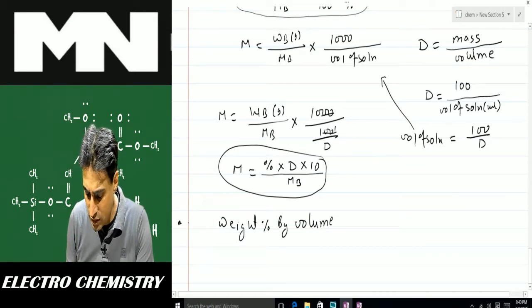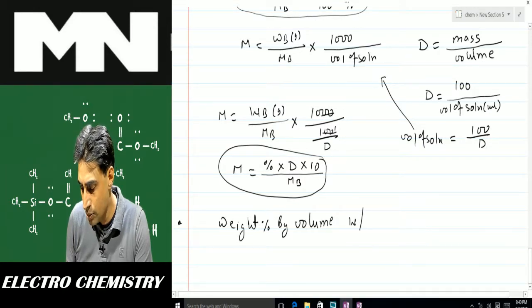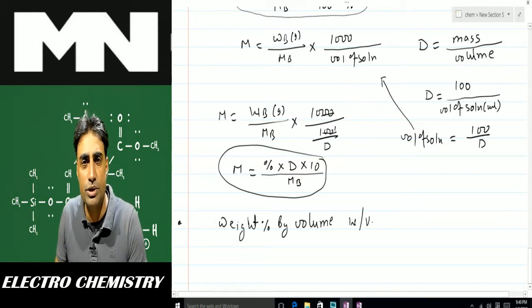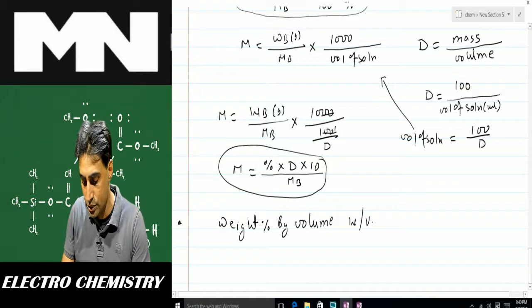Although this is not there in the 11th standard syllabus, we do have this concentration expression, and it is represented by W by V. This basically represents the concentration of a solute in grams that is present in every 100 milliliters of solution.